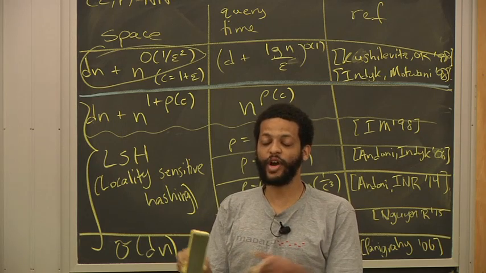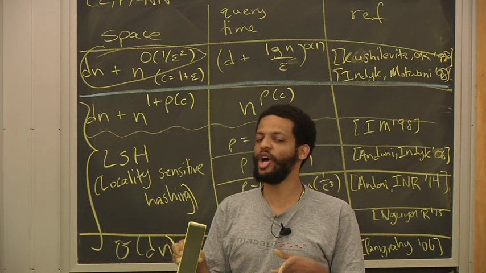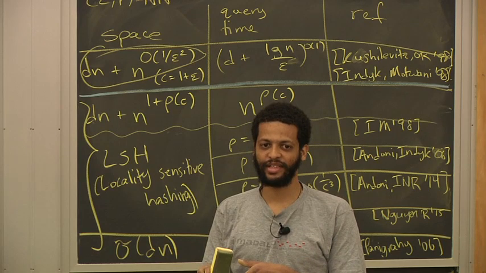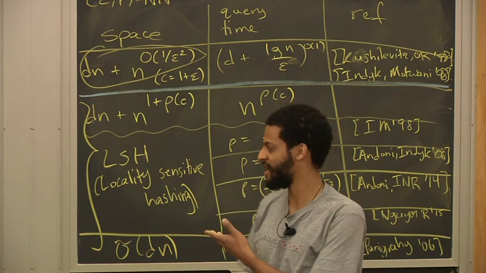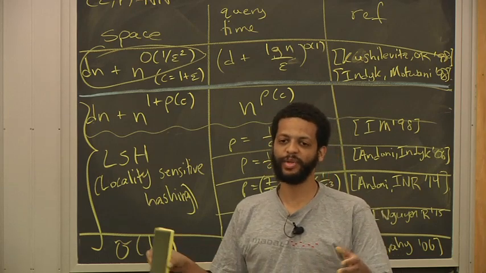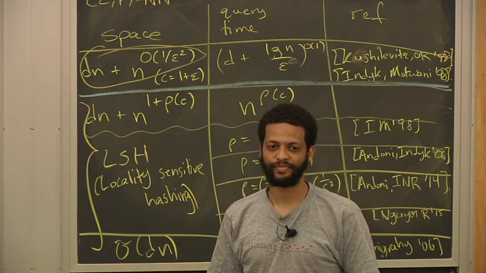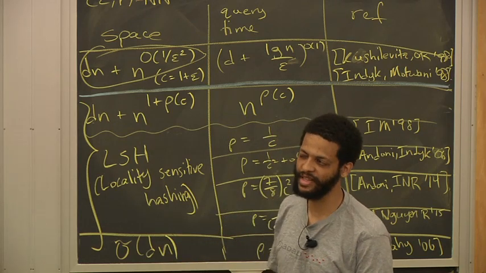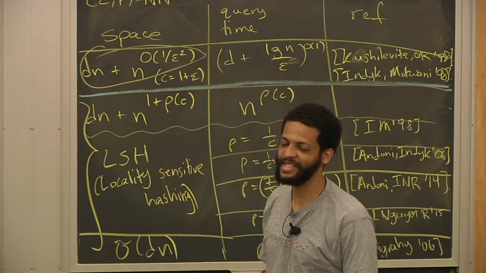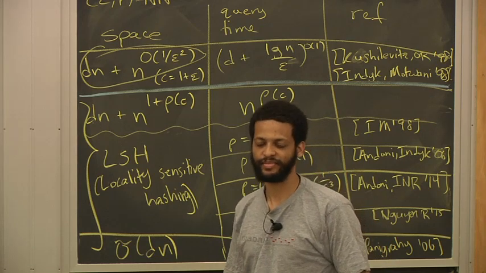And if they're far from each other, then it's not likely that they'll hash to the same place. Okay? And then you can use these hash functions to design data structures that help you find close vectors. So here you want things to collide if they're close. So that's locality sensitive hashing.